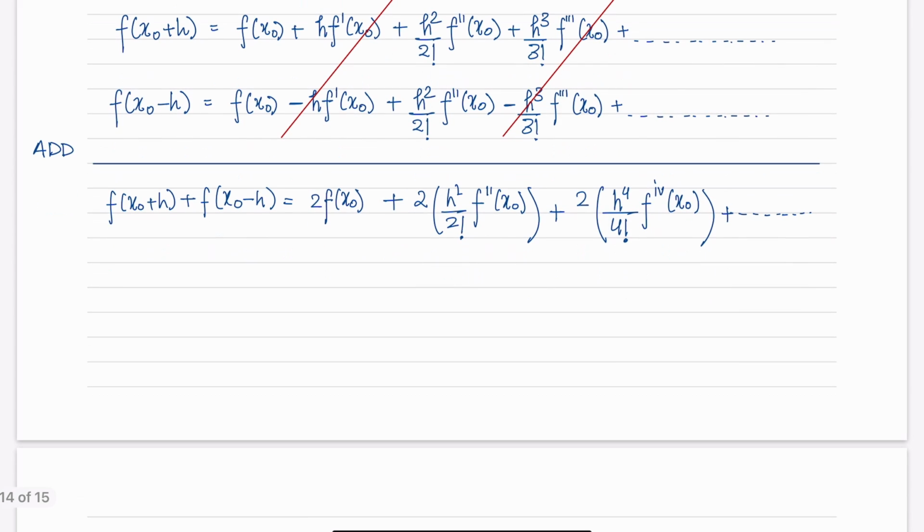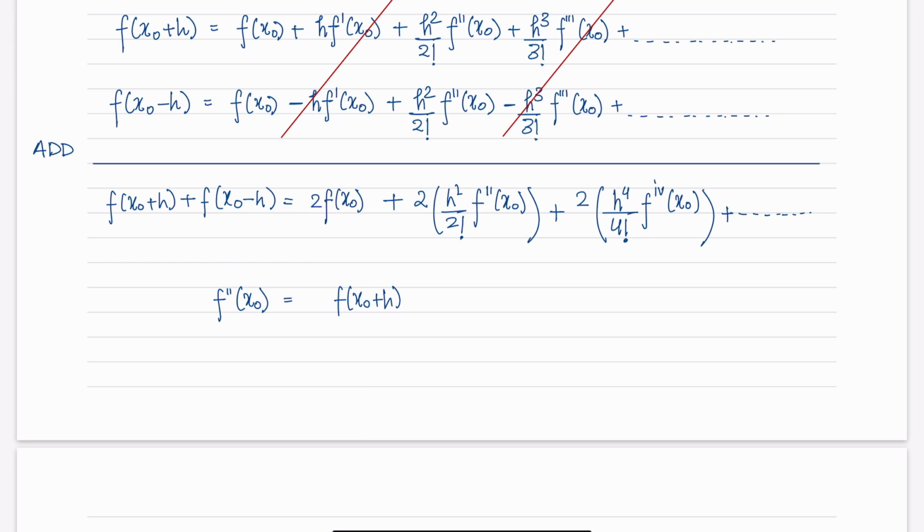And just like before, what we'll do is we'll simply try to do the algebraic manipulation in order to get this term. So the idea is very simple. We take the second derivative on the left hand side and we try to look for what is going to be the rest of the series.